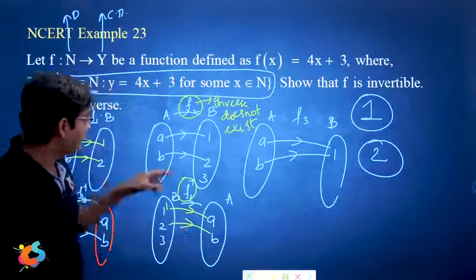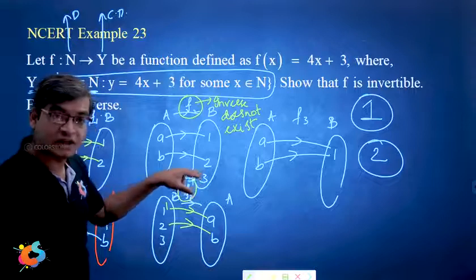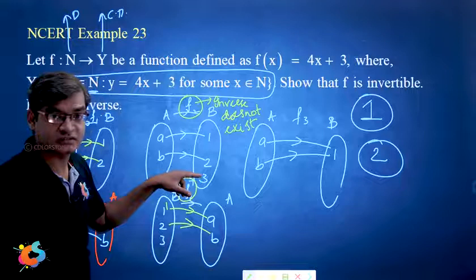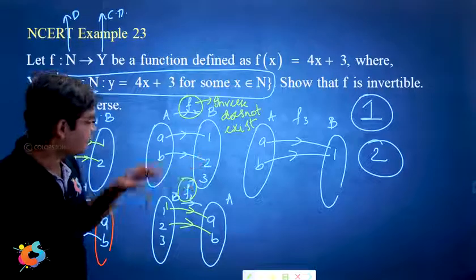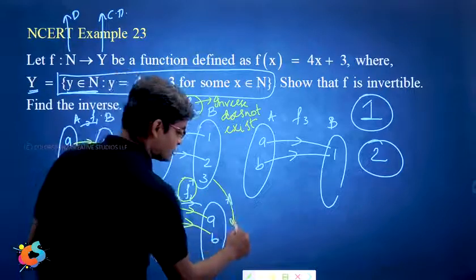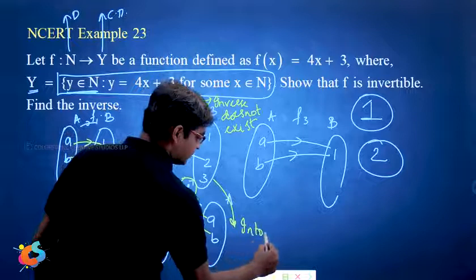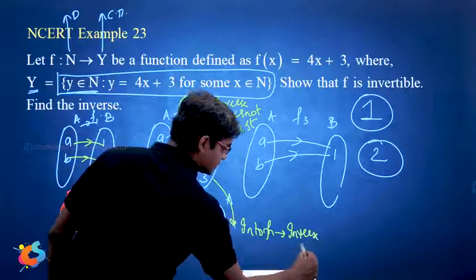So therefore, if you have the function where one element is left over in the codomain, means this is not an onto function. Codomain is not same as range. So therefore, if codomain is not same as range, that means if it is into function, then inverse does not exist.